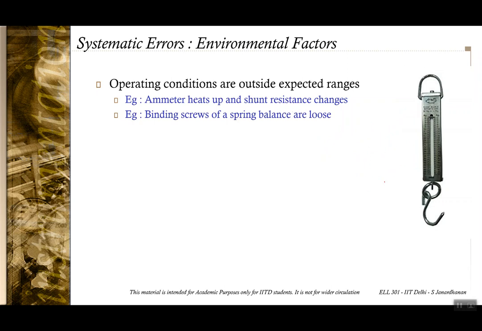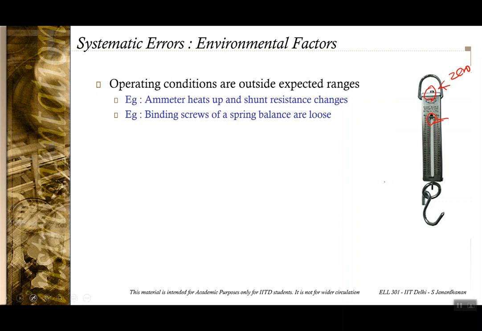And if you go for a mechanical example, take a spring balance, which has a binding screw that is usually used to adjust the zero. If this binding screw has come a little loose or is a little too tight, and at no load it is not pointing at zero, that is going to cause some bias.